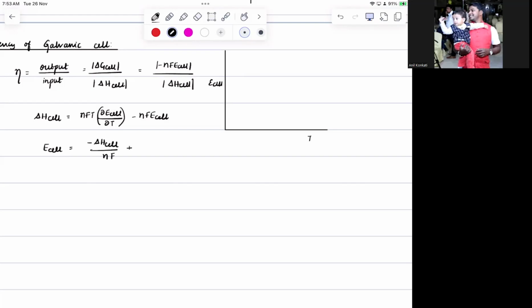And plus, NF will get cancelled, so T into dE cell by dt. Clear? So this is the slope. This is a positive slope at constant pressure, and that is the intercept, the y-intercept value. This is how the graph would look.